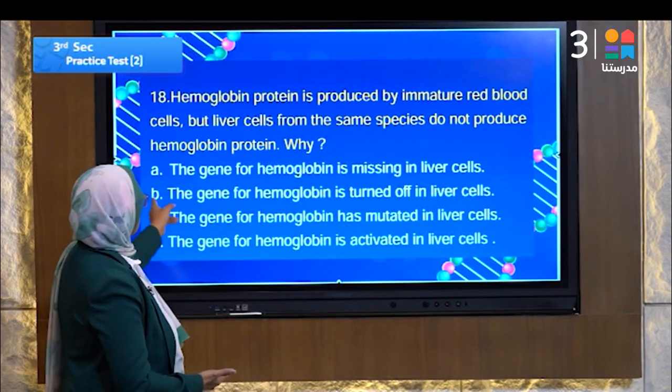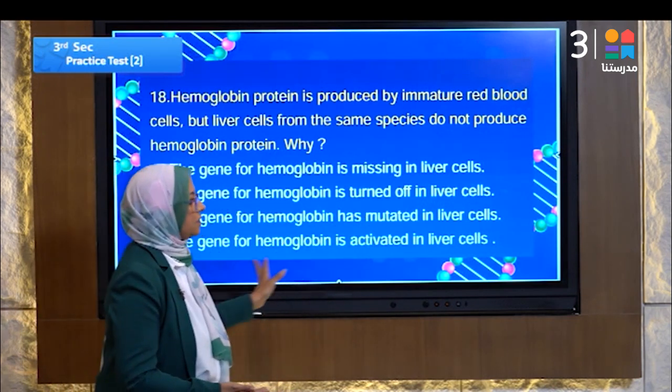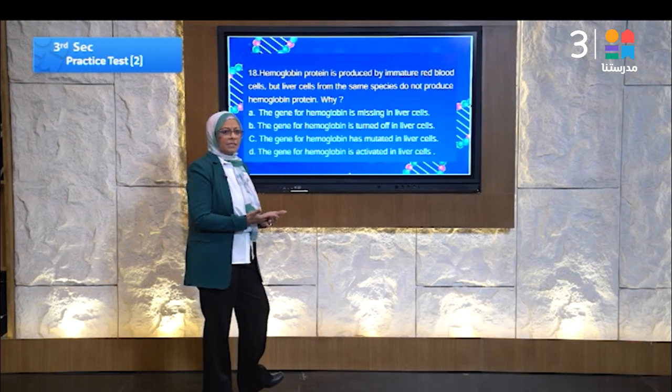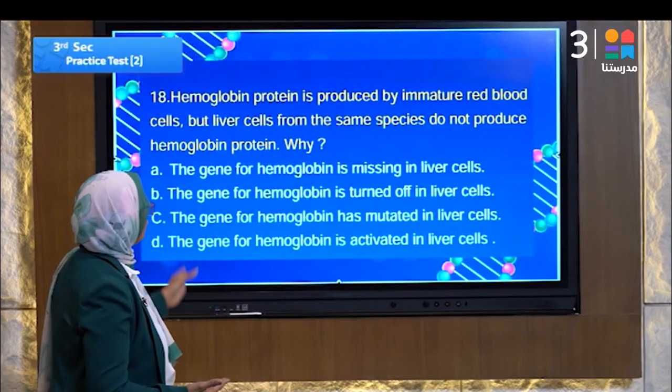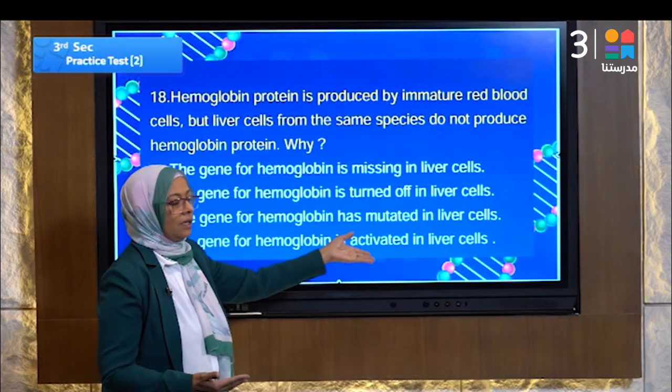Number B, the gene for hemoglobin is turned off in the liver cell. It means it will stop by any disease or anything, maybe or not. Let's go to C. The gene of hemoglobin has mutated in the liver cell.